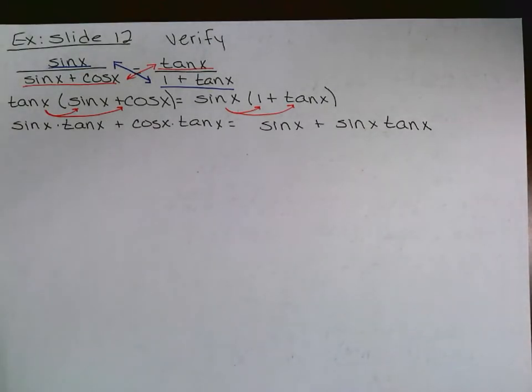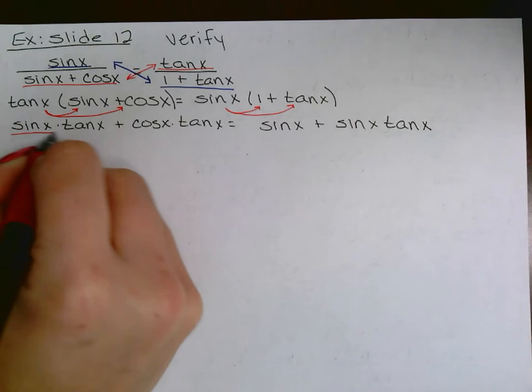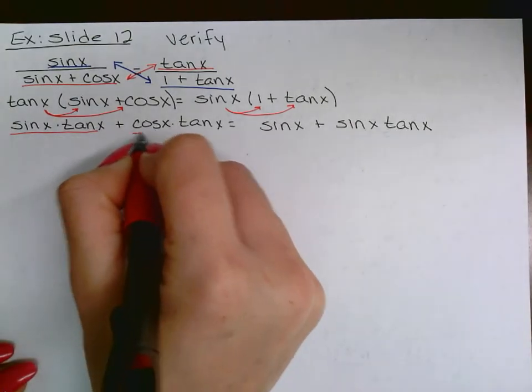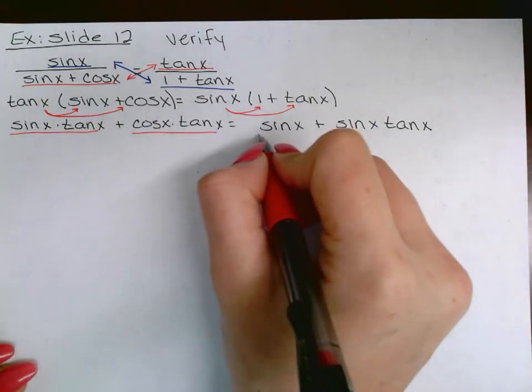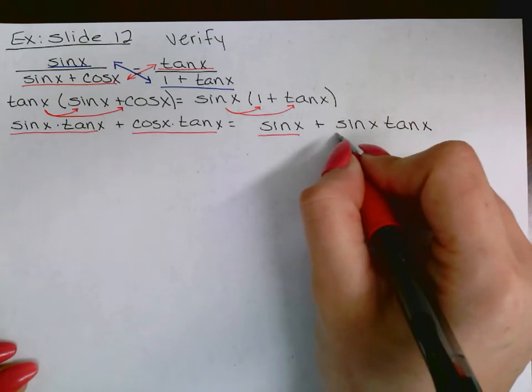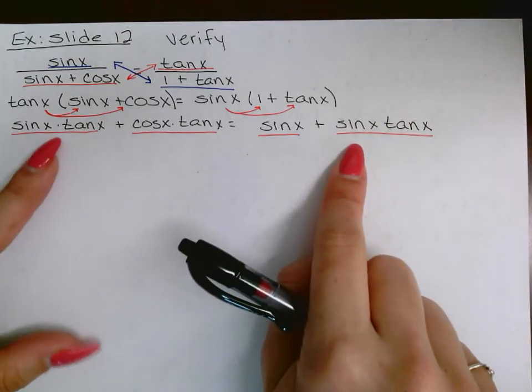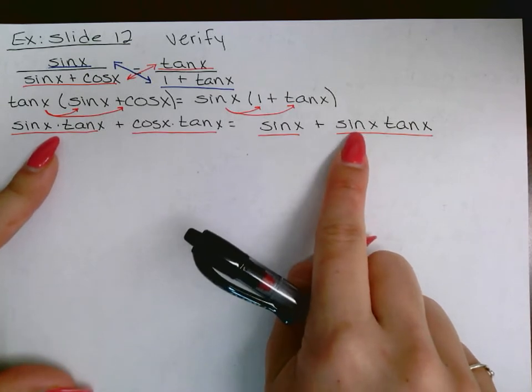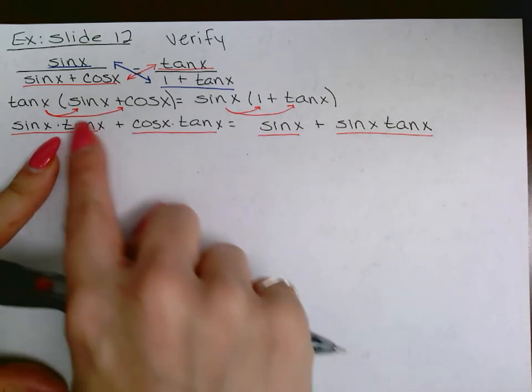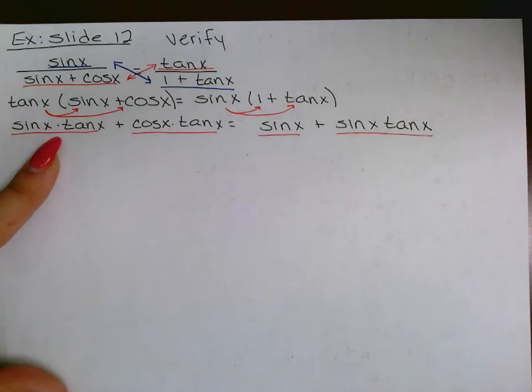So whenever you see a step like this that looks really lengthy, I want you to take a pause and scan across it. We have 4 terms here. We have this sine times tangent, this cosine times tangent, this sine, and we have another sine times tangent with the same exact sign. So if I subtract this sine times tangent over here, they will cancel out.